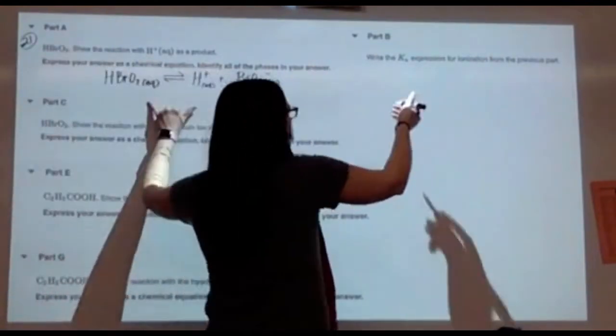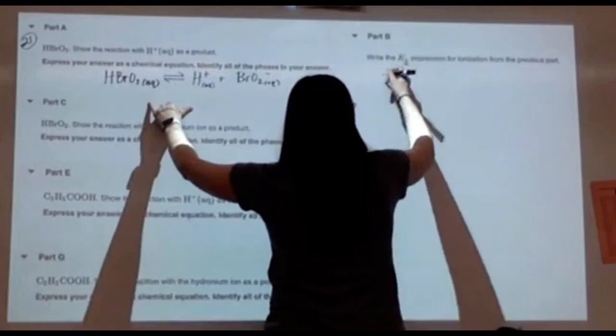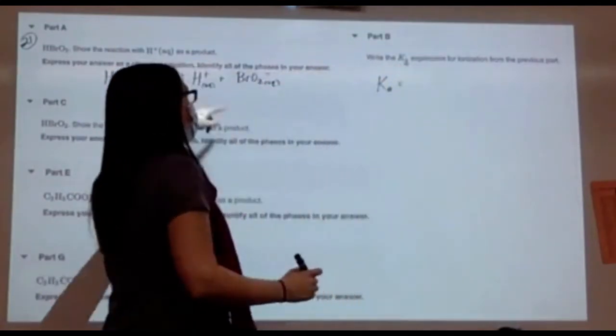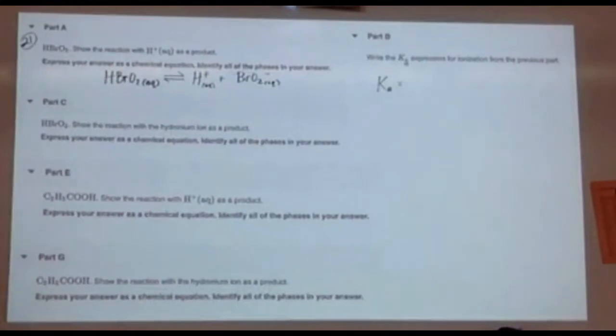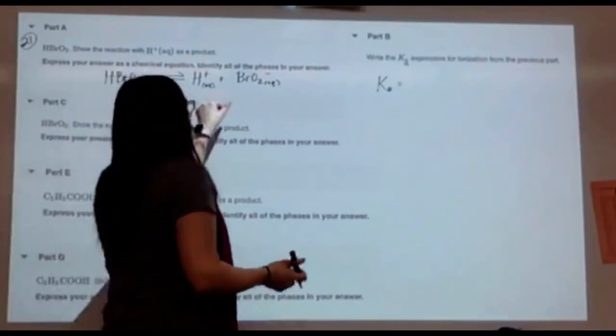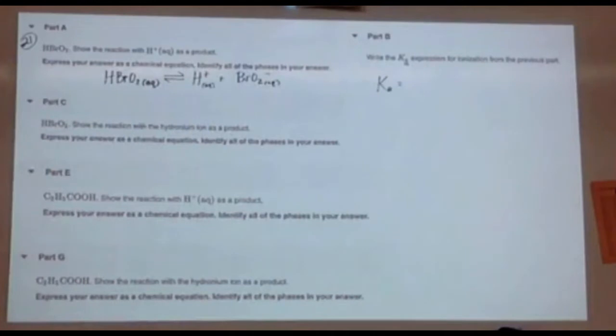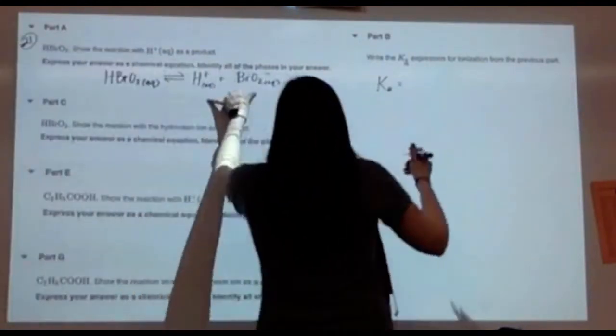Well, remember that the Ka, so this lowercase a, just means that we're writing the equilibrium expression of an acid. That's all that a stands for, is that it's an acid. So it's still products over reactants. An equilibrium expression is always products over reactants. We never include solids or liquids.